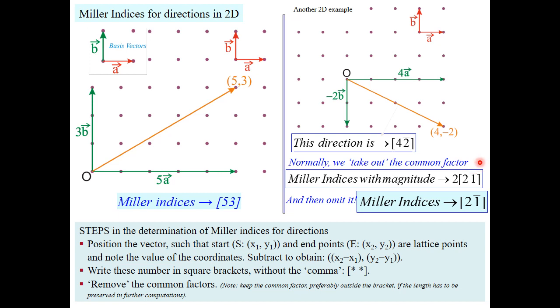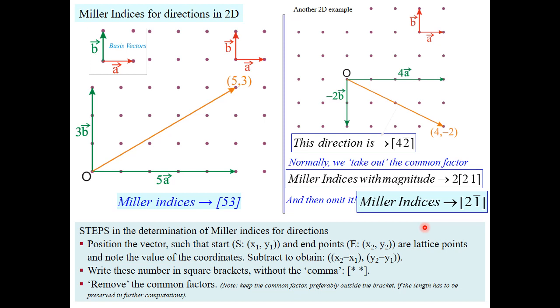So normally we take out the common factor, that is outside the bracket you can write 2, and inside the square bracket you can simply write 2, 1 bar, 2 being the common factor. You can keep the common factor preferably outside the bracket if the length has to be preserved in further computation, otherwise you can omit it.